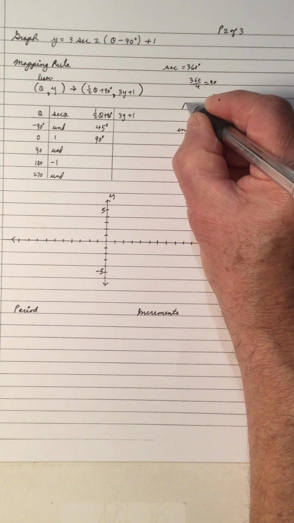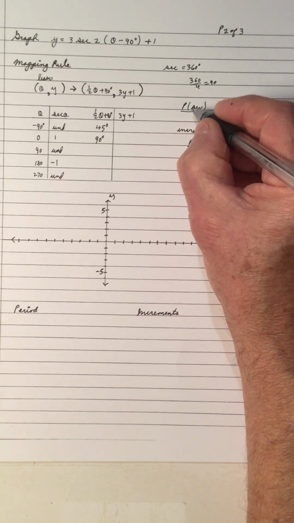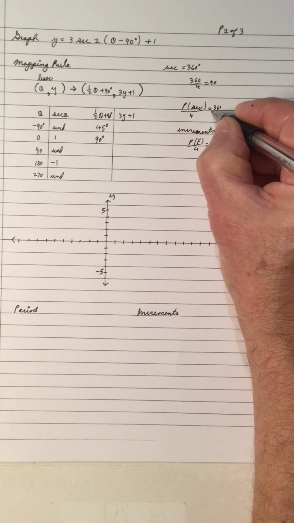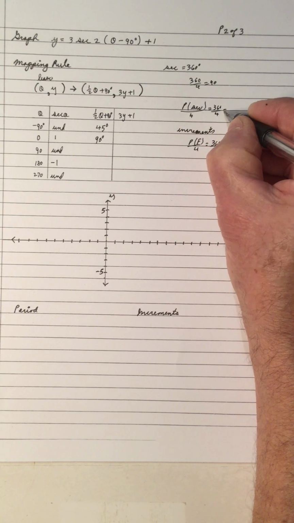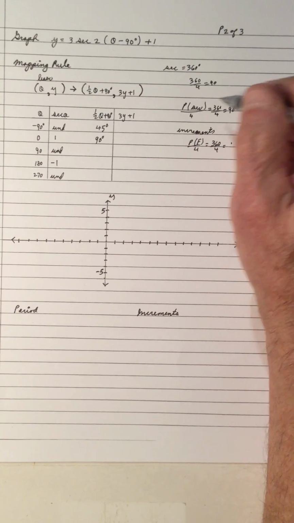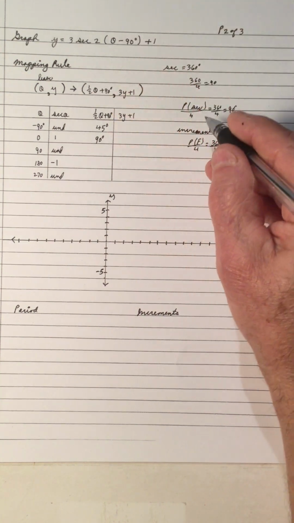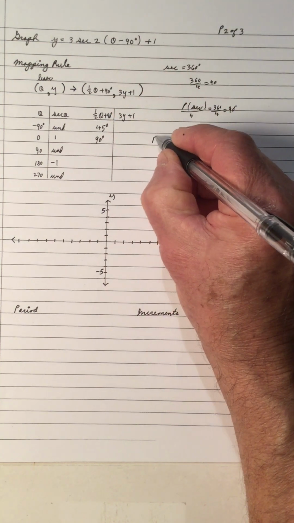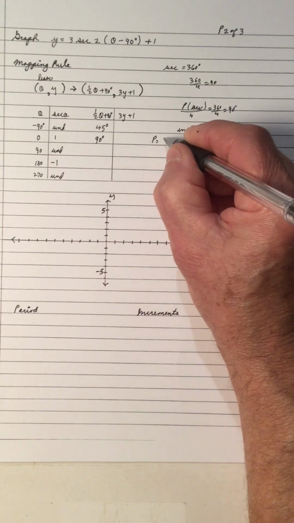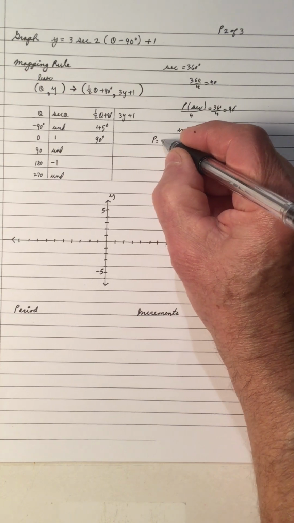So the period of secant is 360 divided by 4. So normally secant, you're adding 90 on, but the period of this function is the period of the function, which is 360 divided by 2.